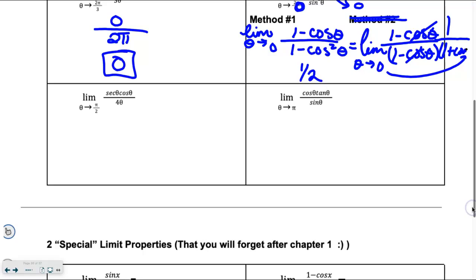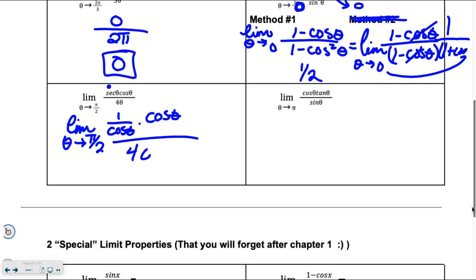So on the top here, I'm just kind of doing what feels comfortable. I see the secant right here, so I'm thinking, all right, let's go replace that secant, because right now I'm sitting with 0 over 0 when I plug the pi halves in. And then I can make my secant 1 over cosine.